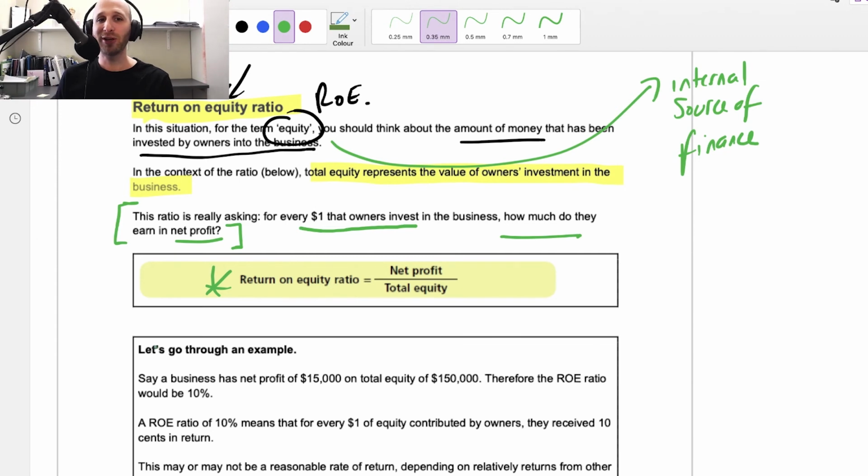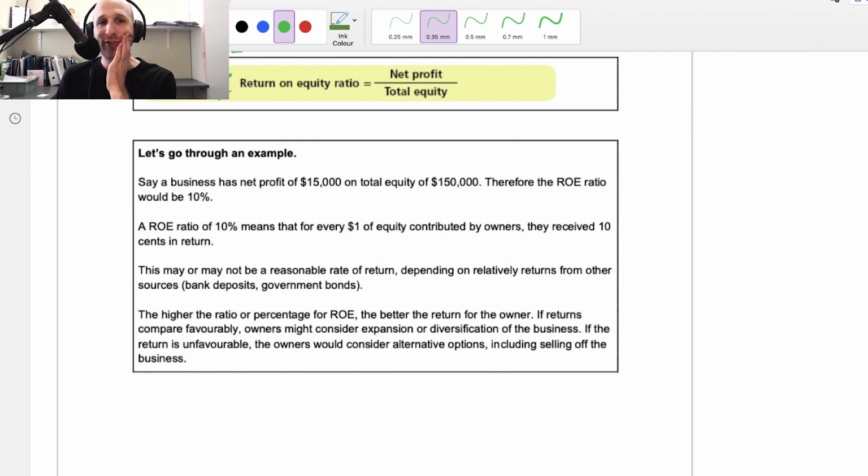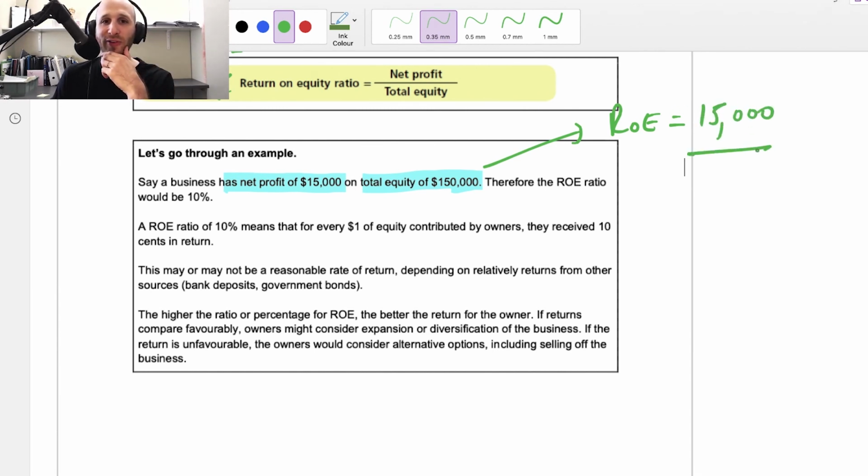So let's have a think about an example. So let's say that a business here has net profit of 15K on total equity of 150,000. So here we would say, okay, so the return on equity, net profit is 15,000, and then this is divided by total equity of 150,000.